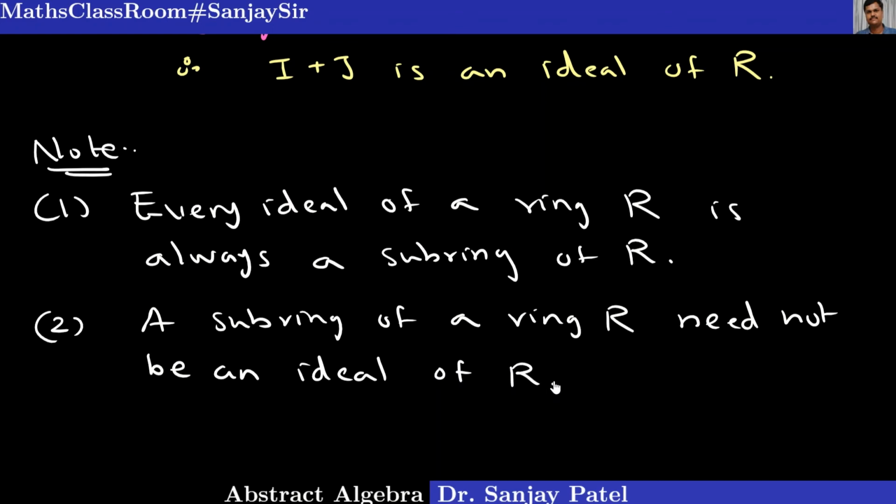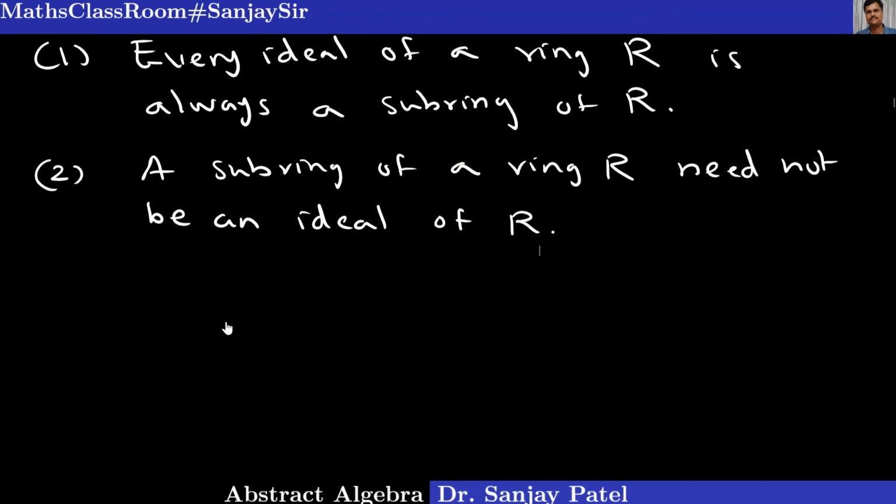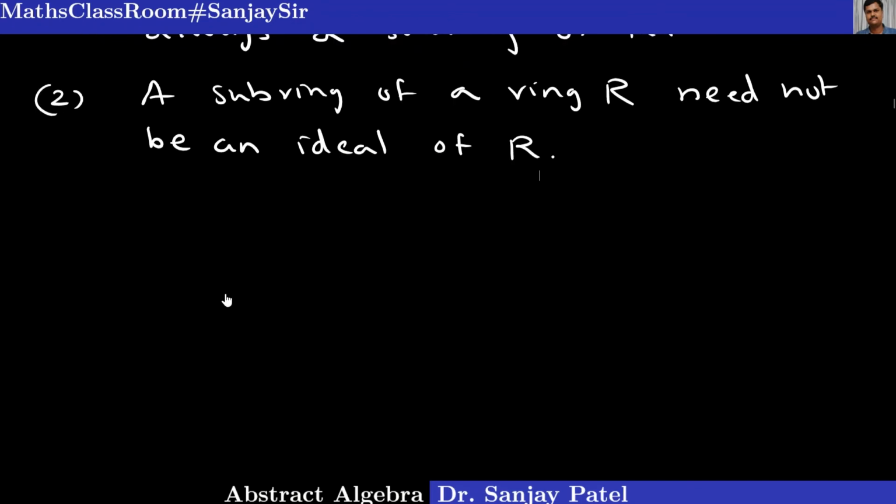Okay, so a subring of a ring R need not be an ideal. This I can explain by one counterexample. What I have to do is find a subring in a ring which is not an ideal.